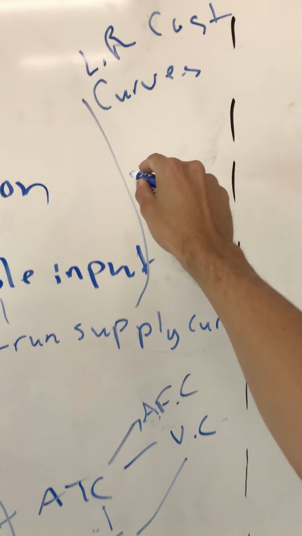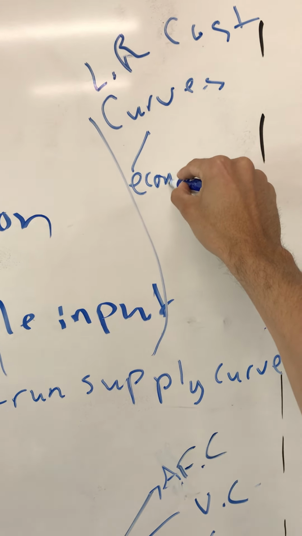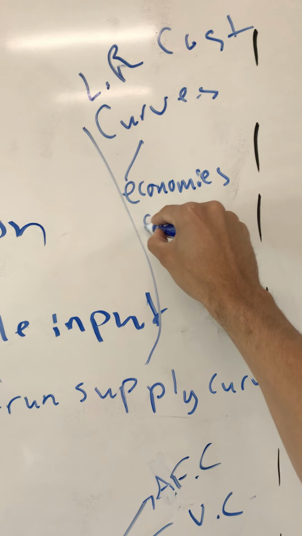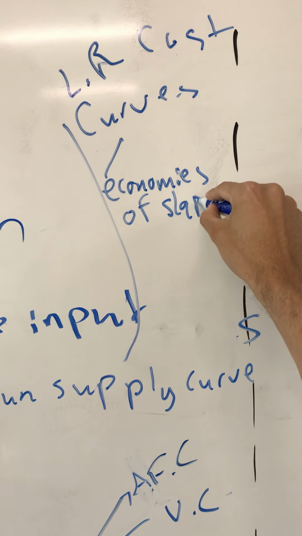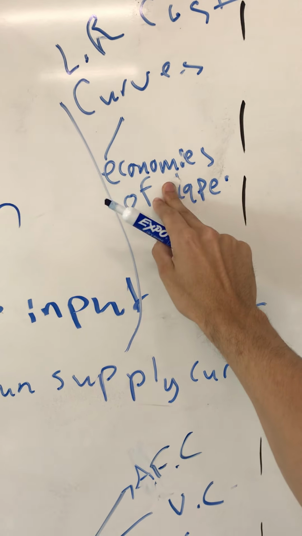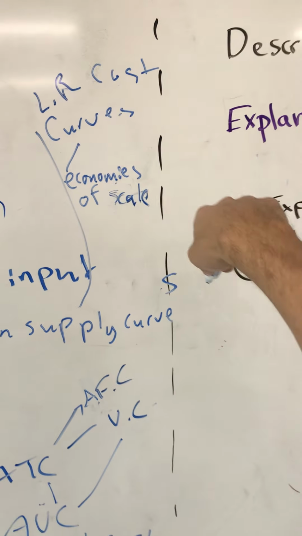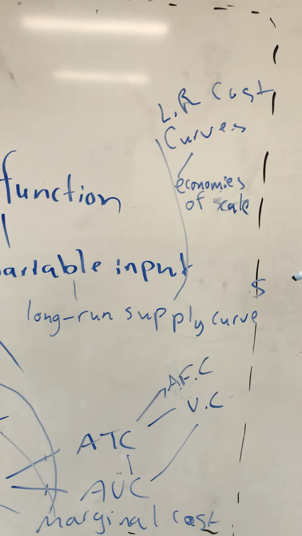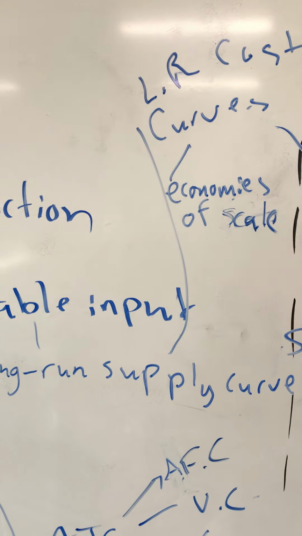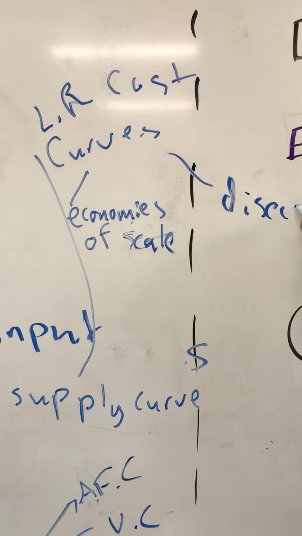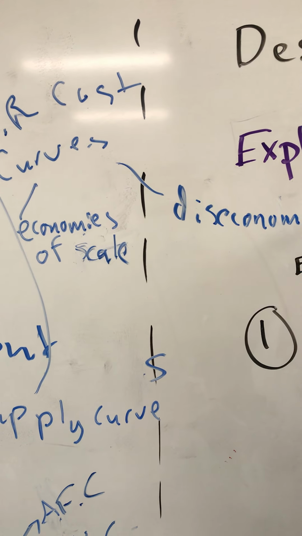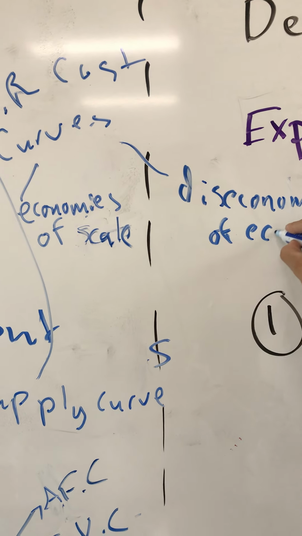We can talk about economies of scale. That's the part at which the long run average total cost curve is downward sloping. Diseconomies of scale is the part in which the long run average cost curve is upward sloping.